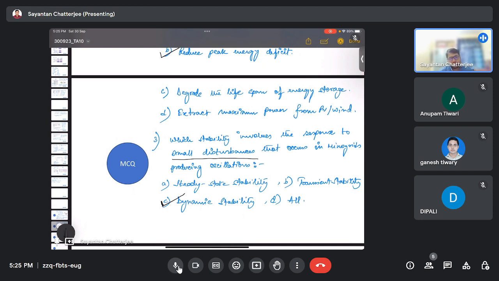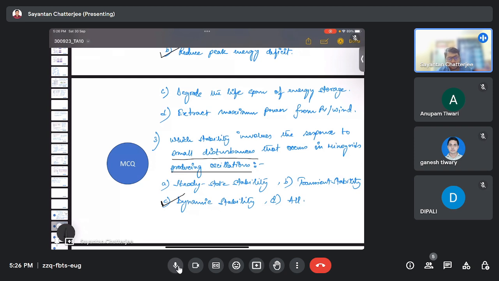When the loading scenario changes, the operating point gets shifted to another operating point. During that intermediate time frame when the change is occurring, that is referred to as transient stability. But here the small disturbance is a continuous process producing oscillations, which refers to dynamic stability, a prolonged time interval.